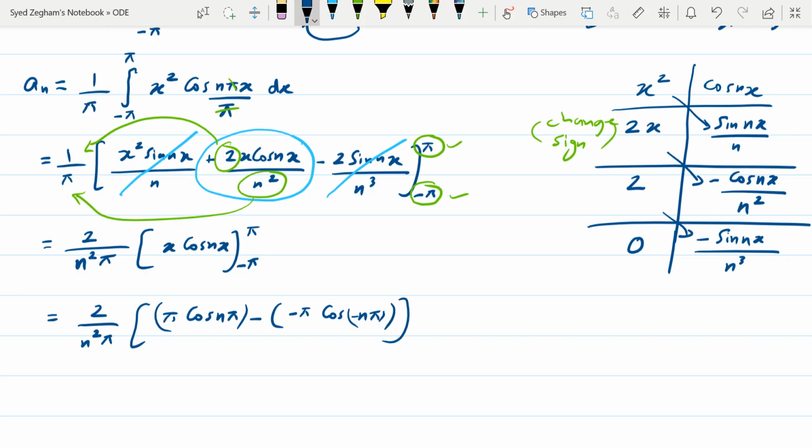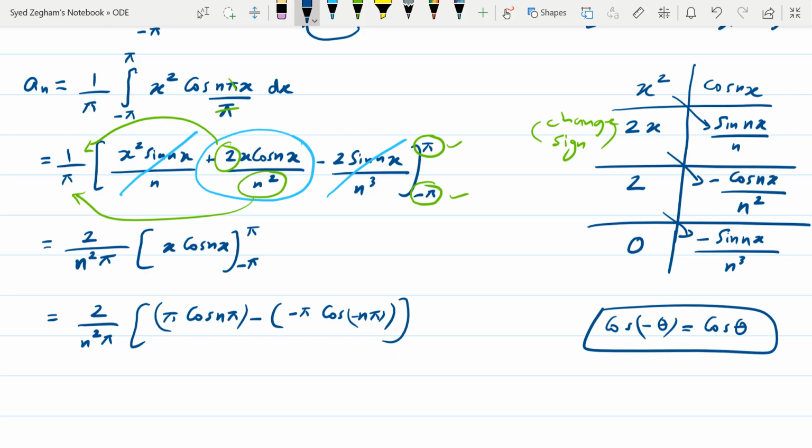And cosine minus n pi is same as cosine n pi, because we know that cosine minus theta is equal to cosine theta, right? We wrote this rule in the previous video also, but no problem. I will write it again. Cosine of minus theta is same as cosine theta.